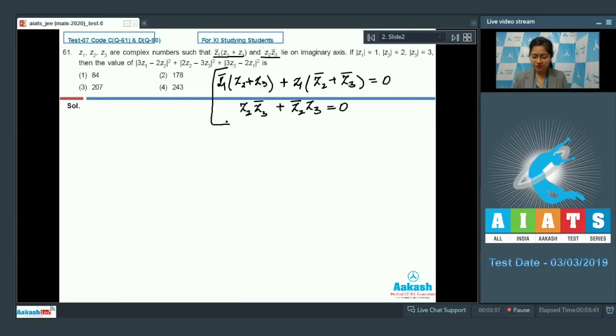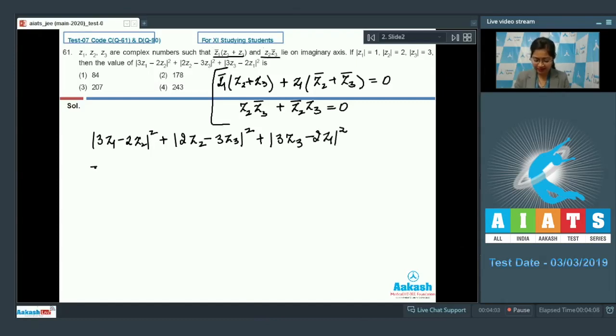These two conditions we get from the first line that has been given to us. Also, we have to find the value of mod 3Z1 minus 2Z2 whole square plus mod 2Z2 minus 3Z3 whole square plus mod 3Z3 minus 2Z1 whole square.